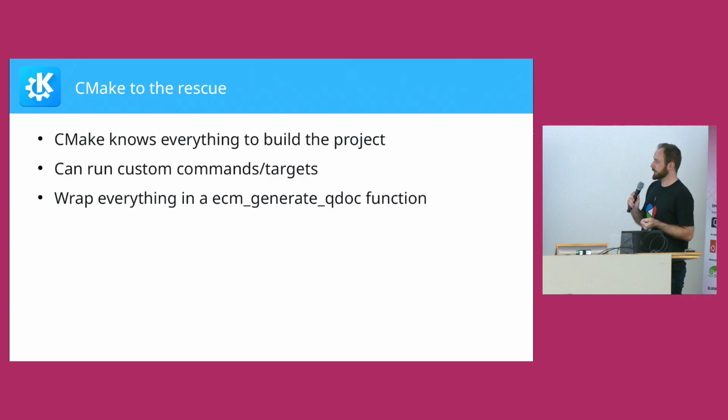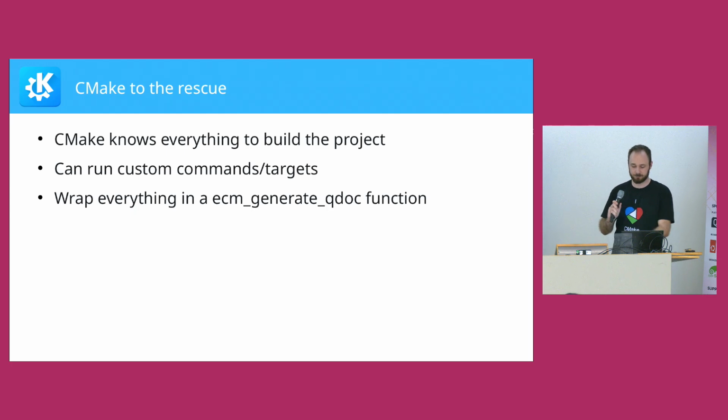Long story short, we got a new function in extra CMake modules called ECM generate QDoc that takes a target, takes a QDoc conf file, and it gives your project an extra build target so you can make documentation, and in the end, you get documentation. So all of the gory details about include paths and compiler flags is all very nicely abstracted away.